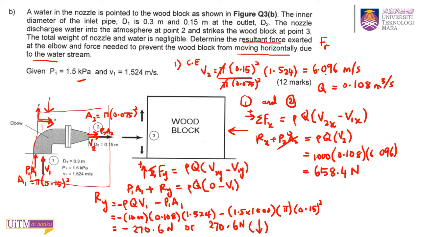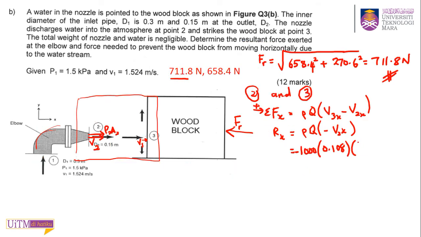Oh, this one, 6.096. What's the value of this? Negative 658.4 meter. Okay, so it is negative.